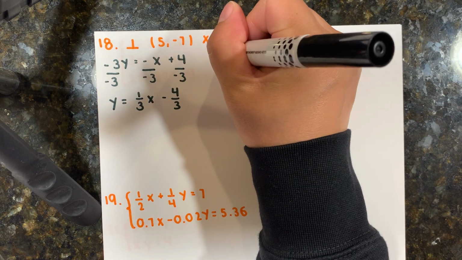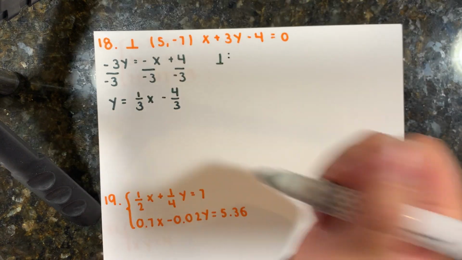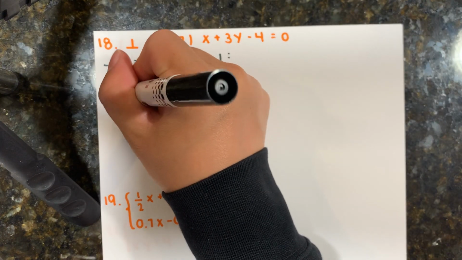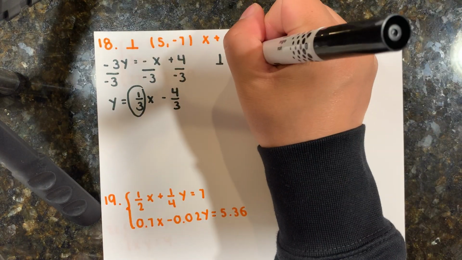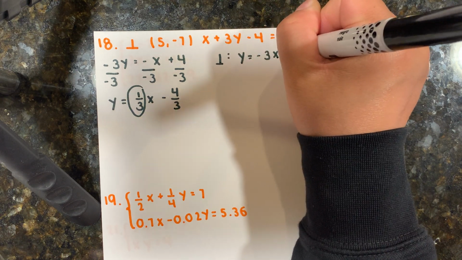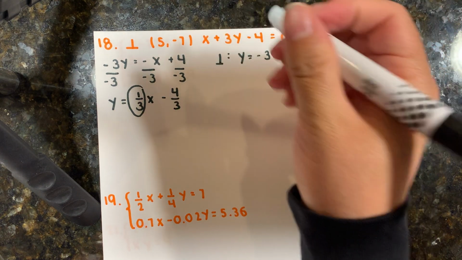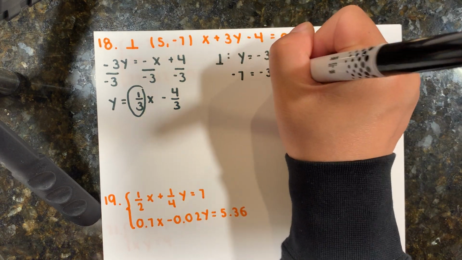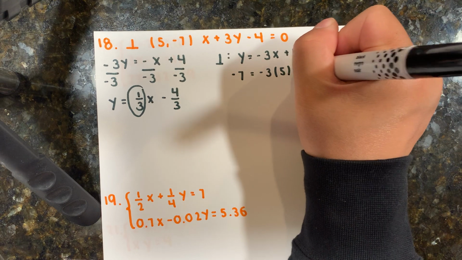Now, if I'm trying to find the perpendicular of this line, I'm going to take the negative reciprocal of the slope, which is this. So that means you flip it and make it negative. So that would be -3x plus b. Plug in our point. So we have -7 equals -3 times 5 plus b.